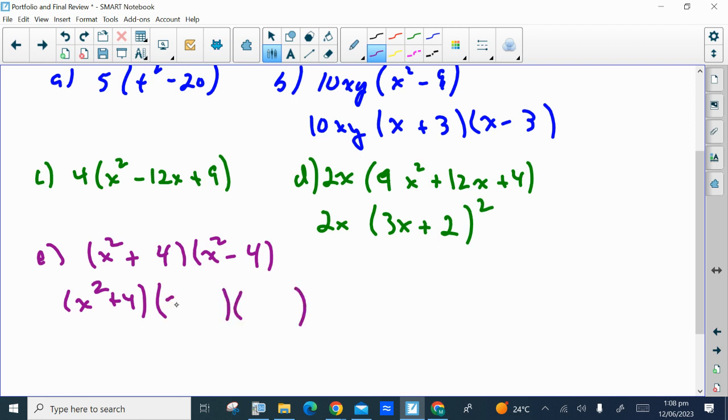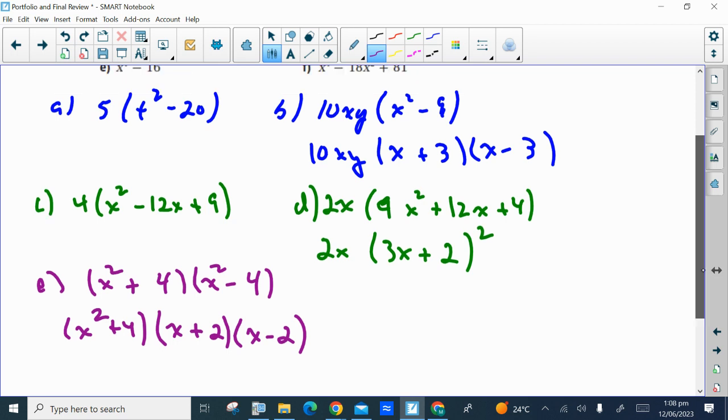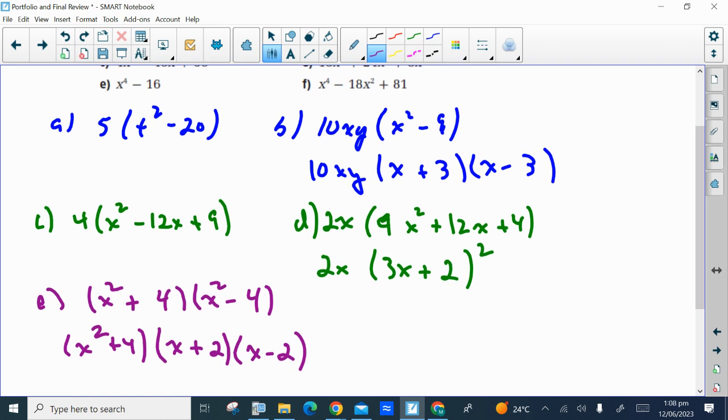The square root of x squared is x. The square root of 4 is 2. One's a plus, one's a minus. Now it's factored. Now it's done. After you factor once, always check to see if it can be factored again.